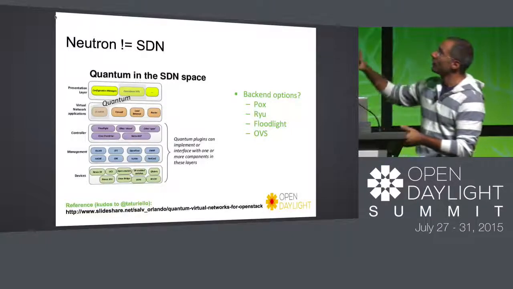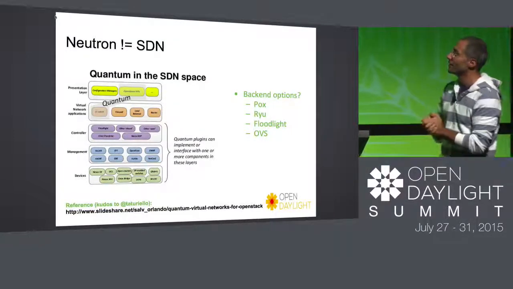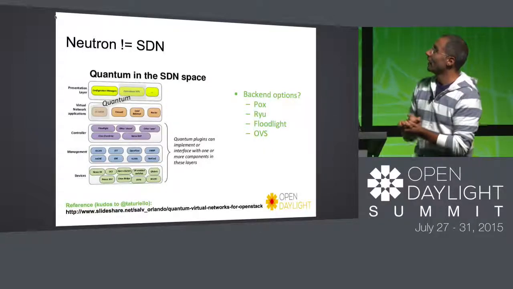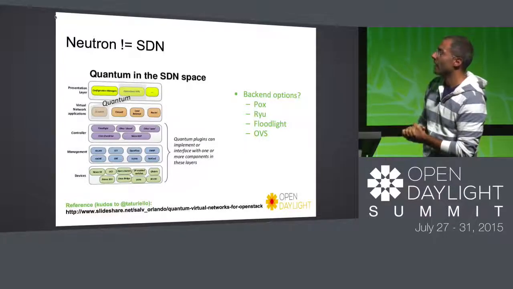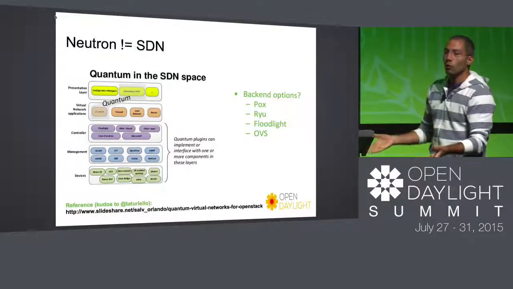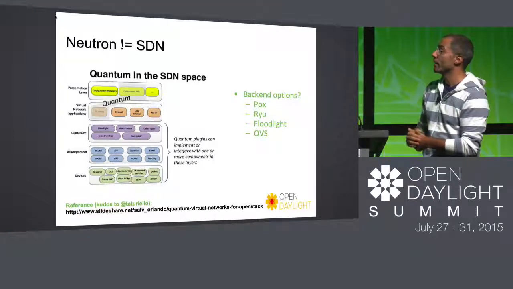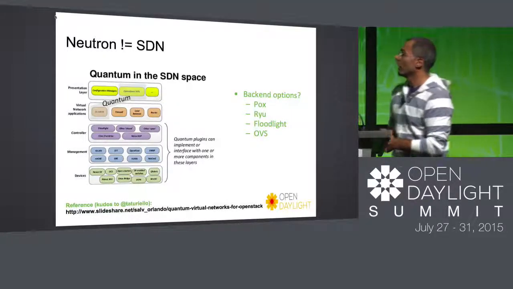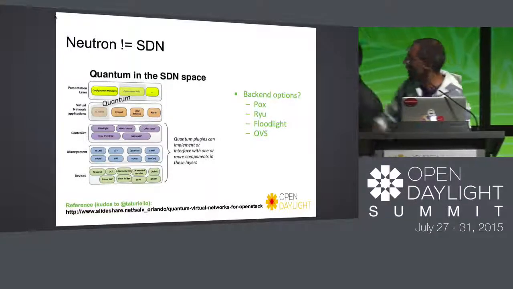So Neutron, and again, apologize for the Quantum reference, but I just copied the reference as it came from Salvatore, sits at the very high level of the stack, and it needs to interact with an SDN controller. Apologize for the quality of the image, but there you've got the reference.